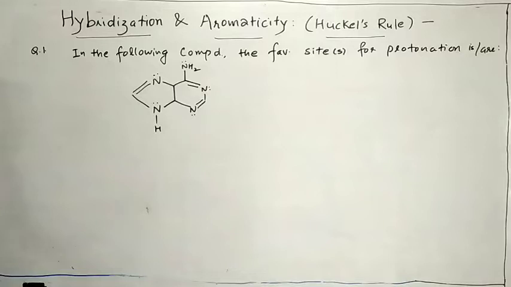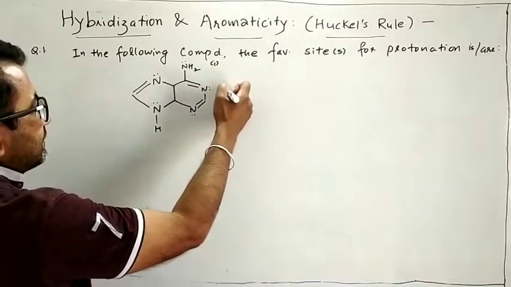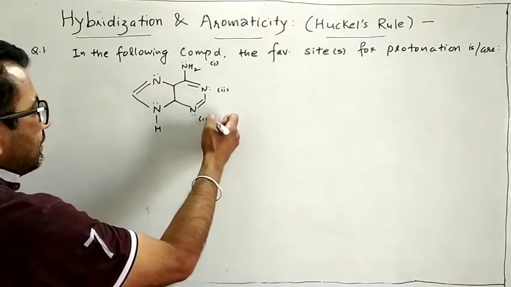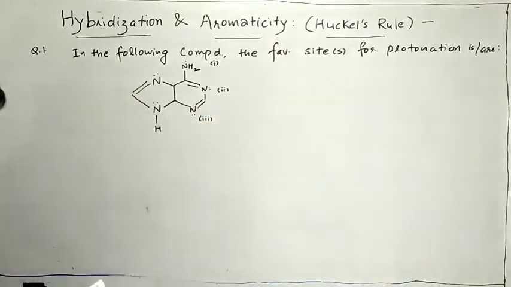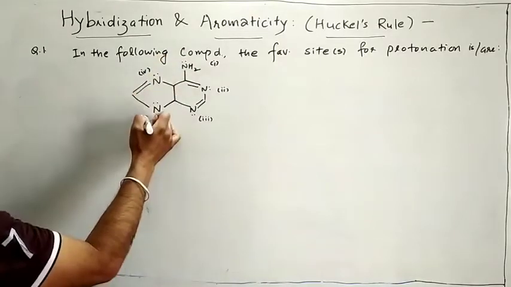This compound is given. So here there are total 5 nitrogen atoms. Each nitrogen atom is marked as number 1, this is number 2, this is number 3, this is number 4, and this is number 5.